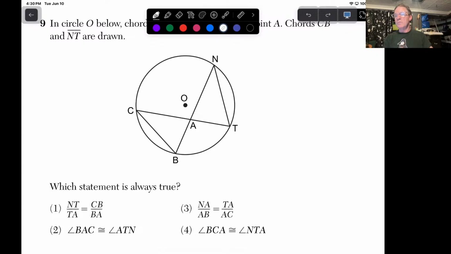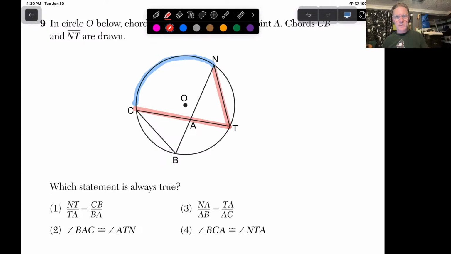The reason is because whenever you have, say, this arc, that intercepts this inscribed angle and this inscribed angle.